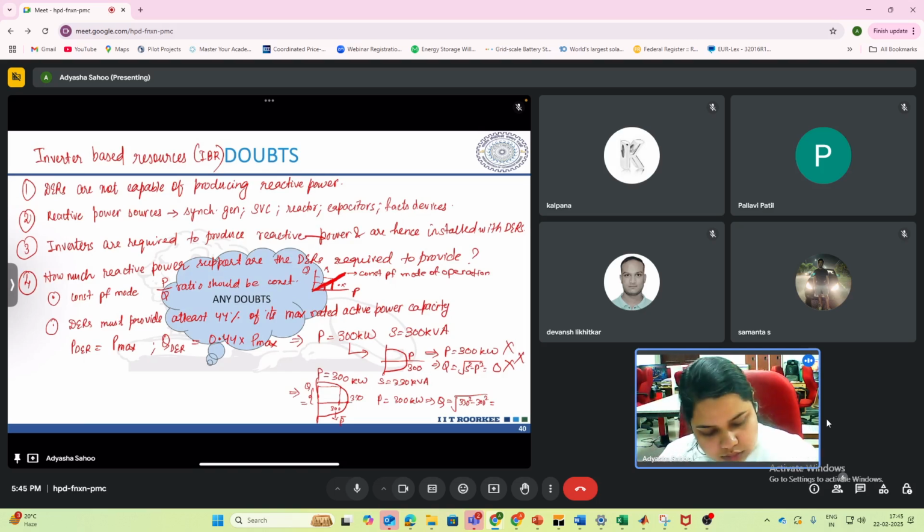So that gives you somewhere around 137.5 kVAr. And if you check 0.44 times 300, it is somewhere around 132. So according to the standard, the inverter should be able to provide 132 kVAr.